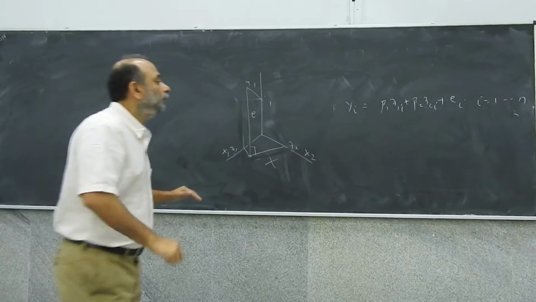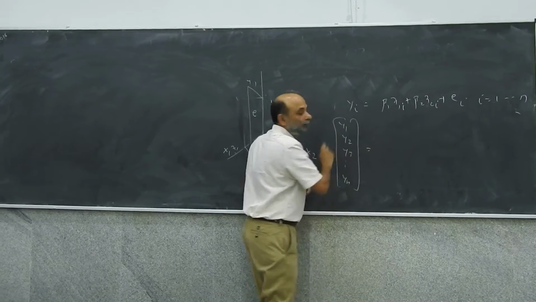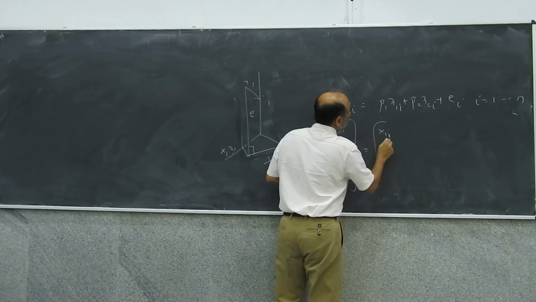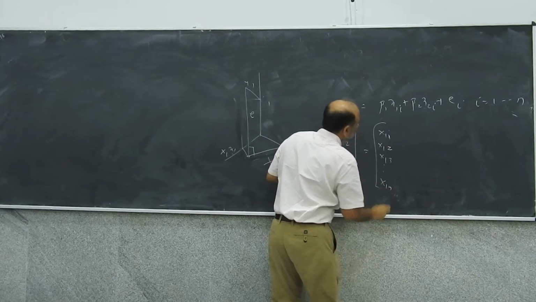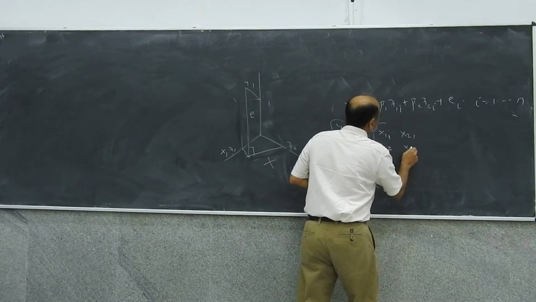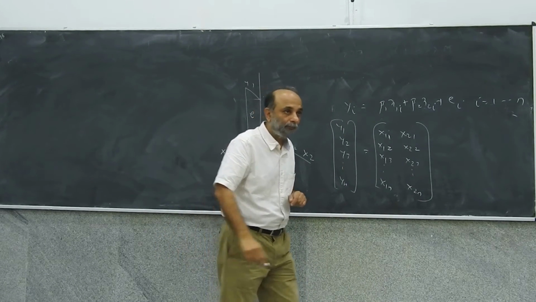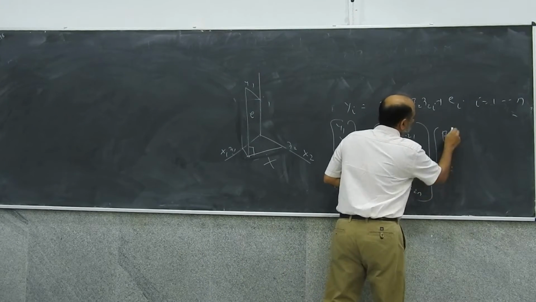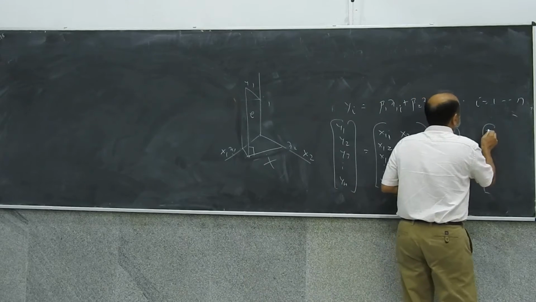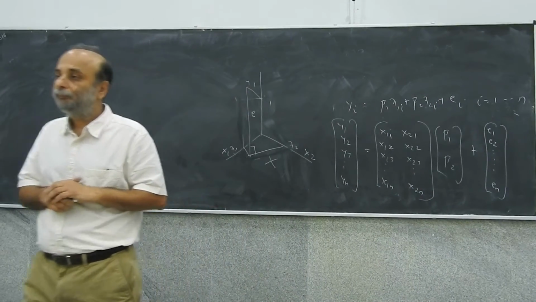So this can be written as y1, y2, y3 up to yn, which can be written as the x matrix, x11, x12, x13, all the n observations on x1, then x21, x22, all the n observations on x2, times beta 1, beta 2, plus E1, E2, En. Sure?